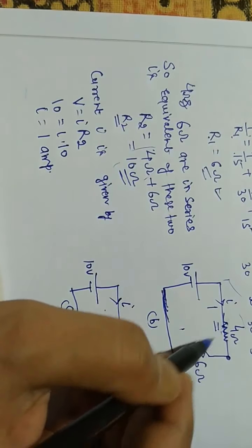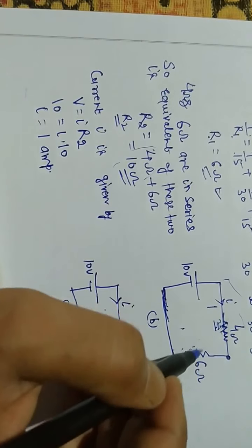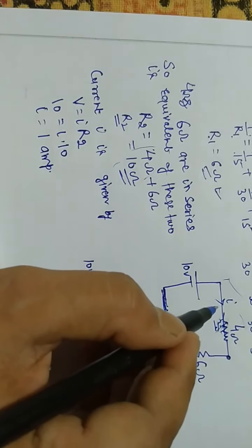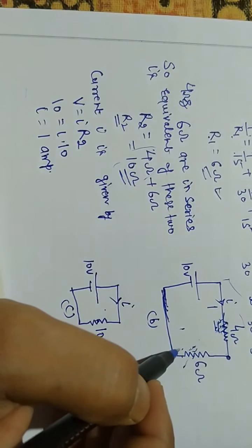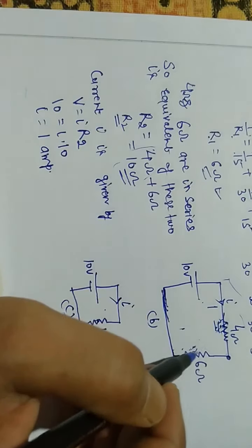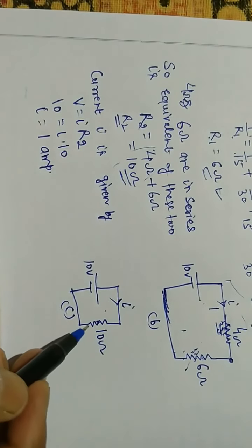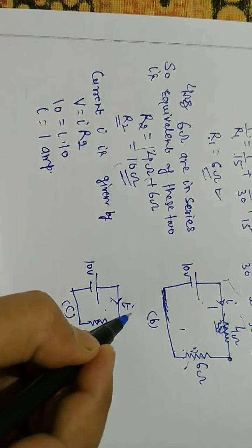If you add these together, that is 10 ohm. The current in this 4 ohm and this 6 ohm remains the same, that is 1 ampere, because these two are in series. You can see in this 10 ohm, current I is equal to 1 ampere.